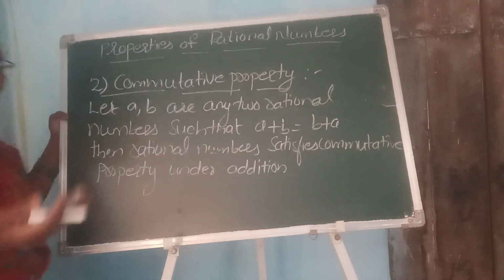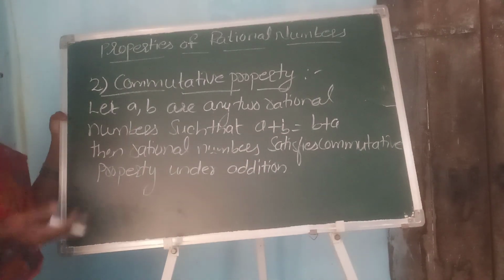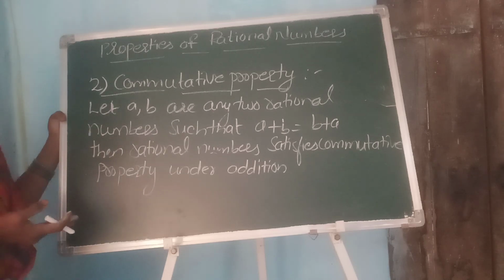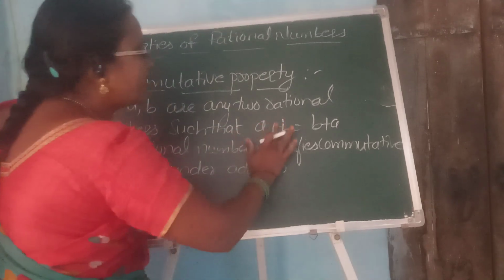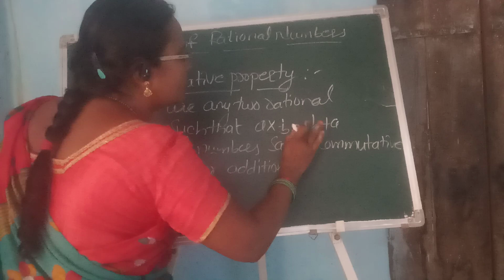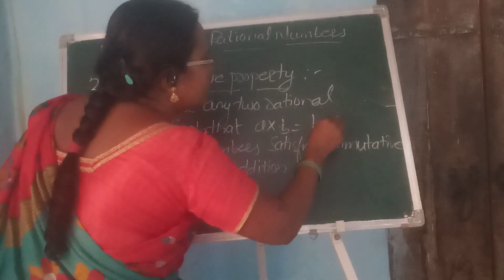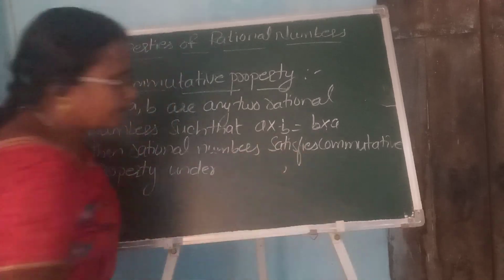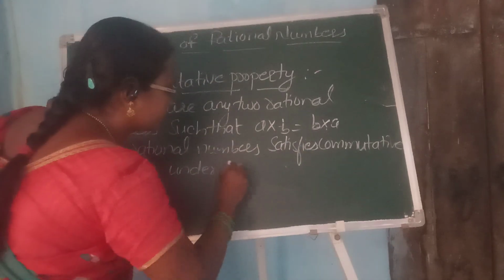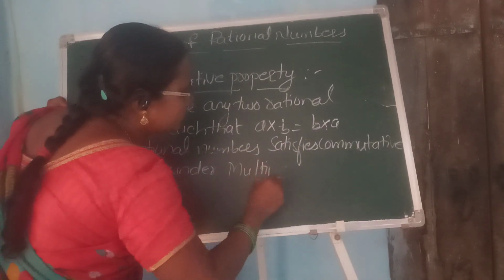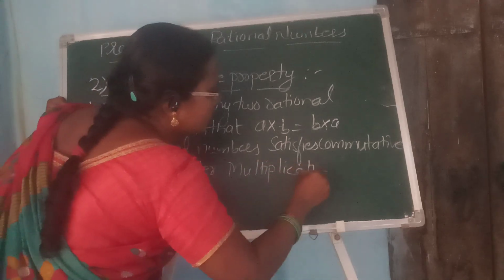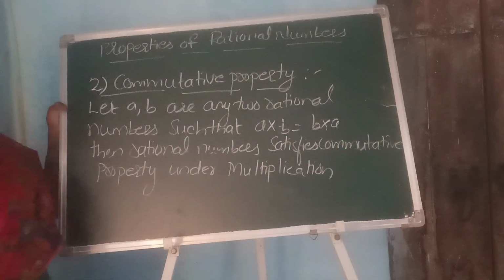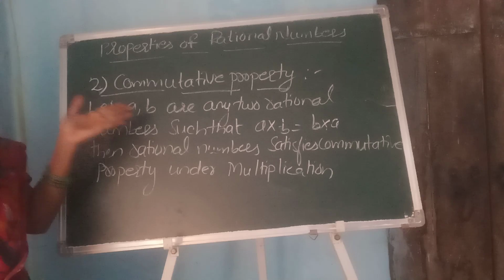Now look here, the same definition continues even for multiplication also, where the plus symbol changes into the multiplication symbol. So once again I repeat the commutative property under multiplication.